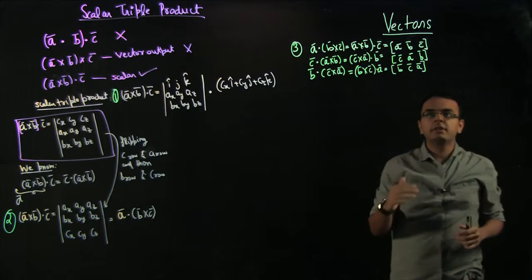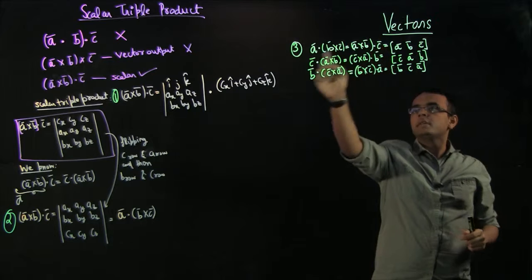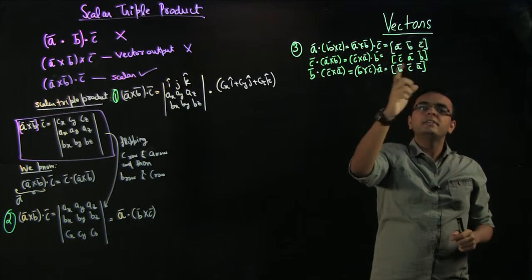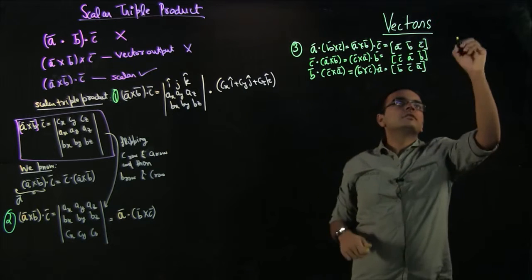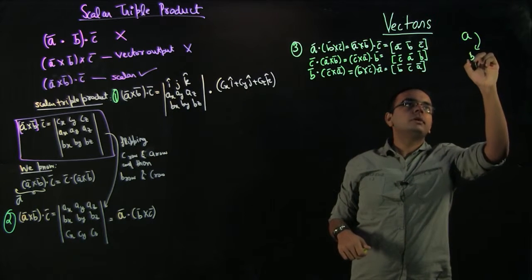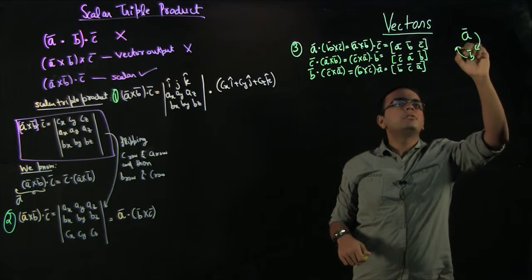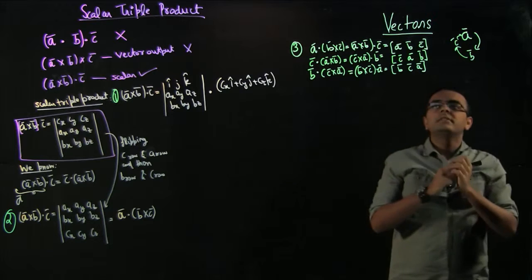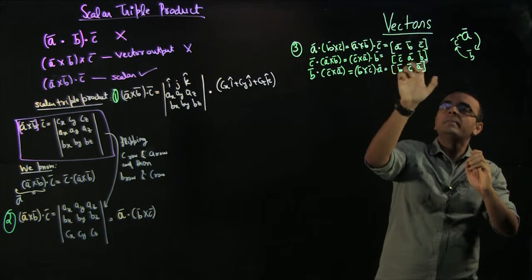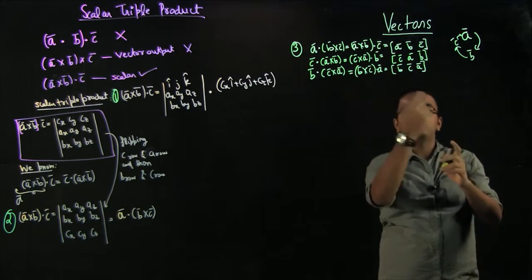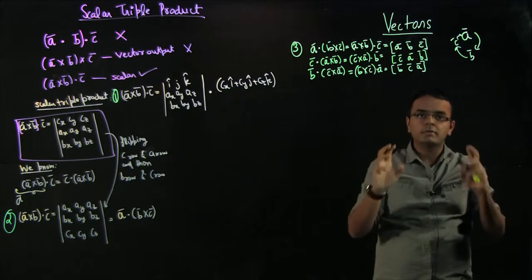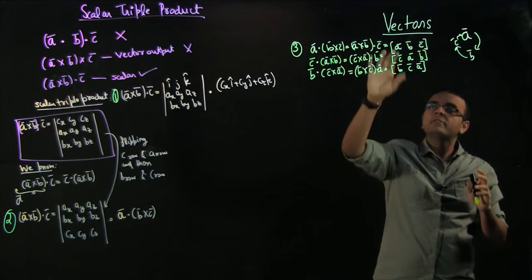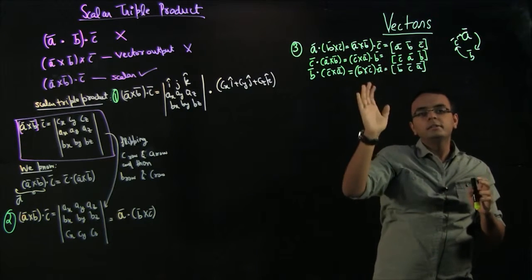What I'm trying to say here is A cross B dot C. So I hope this makes sense. You can change dot and cross, and this seems to be a cyclic property. The cyclic property says that A should go to B, and then B should go to C, and then C should go to A. So you can always think of it in cyclic order, A, B, C. As long as you have A, B, C written in the correct cycle, the value remains the same.